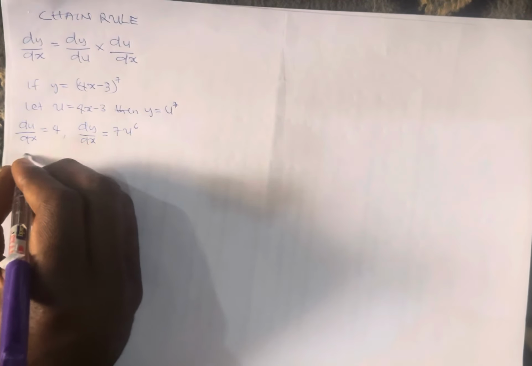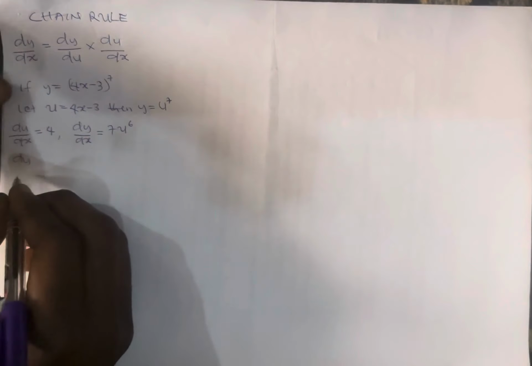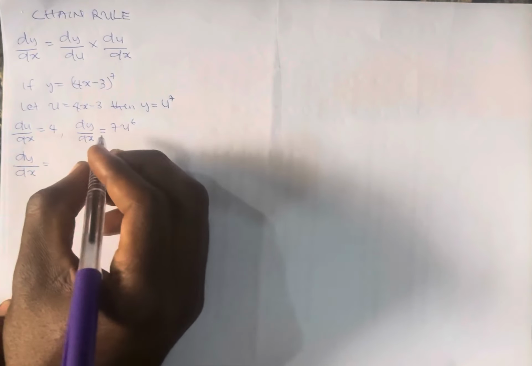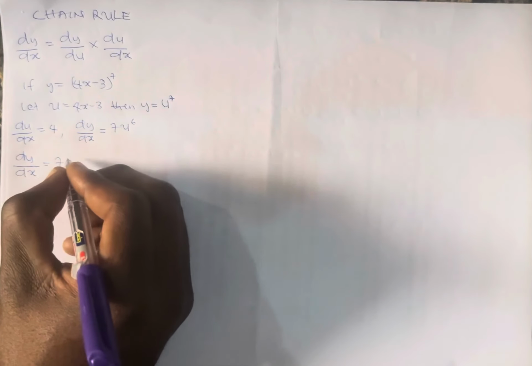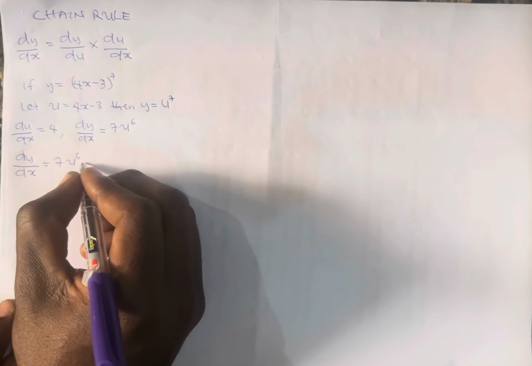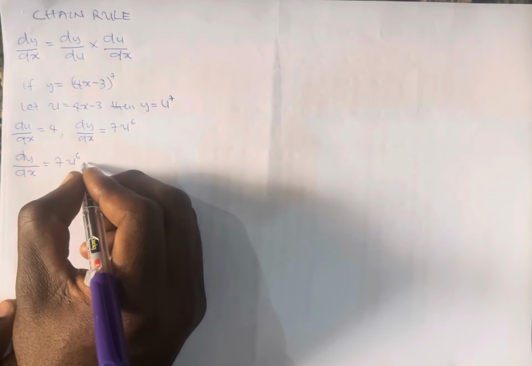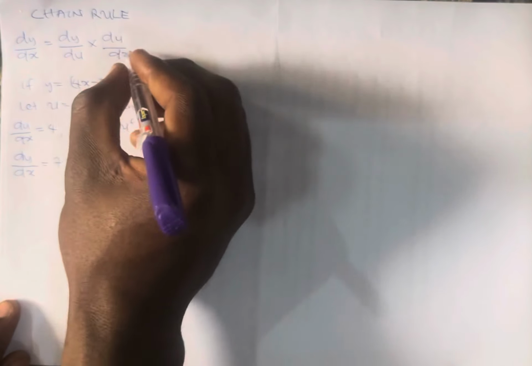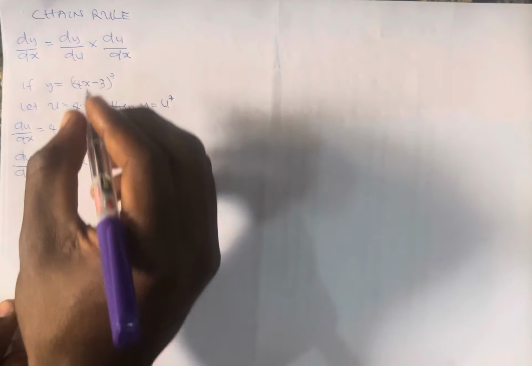Now we can compute them. dy/dx is going to be equal to, what's our dy/du? It's 7u raised to the power of 6 multiplied by du/dx from the formula.